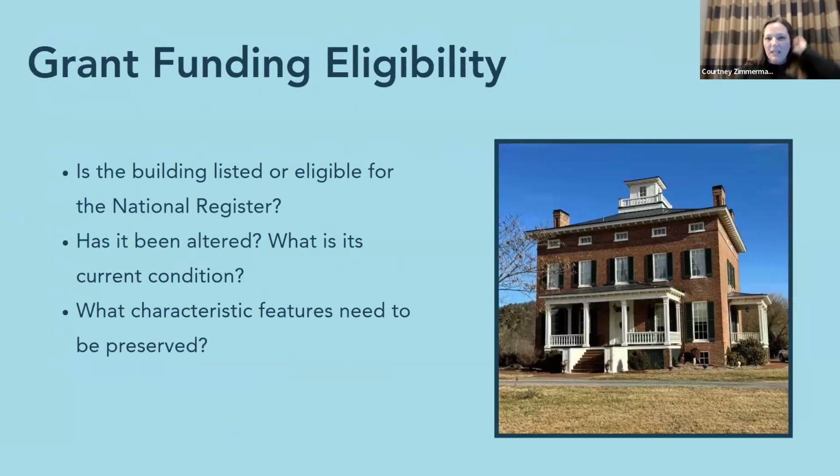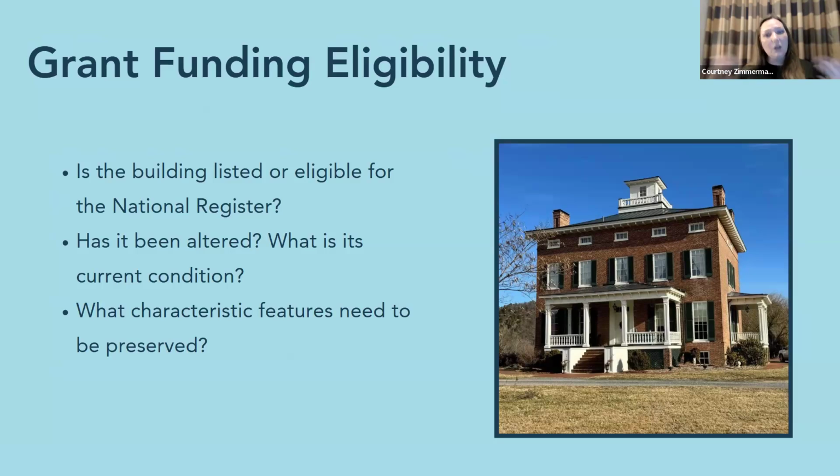So as Cody mentioned, if your property is listed, you could be eligible for grant funding. But if you're not sure, you just need to know, am I contributing or not? For the survey part, we can look at whether it's been altered, what its current condition is, and we also document what characteristic features of the building need to be preserved.